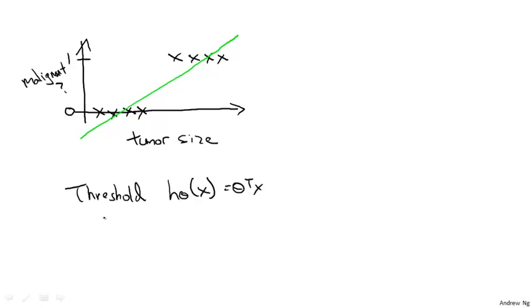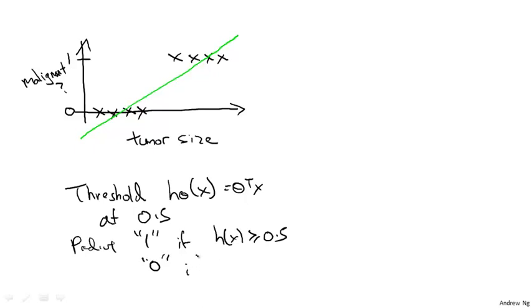You can threshold at 0.5: you predict 1 if h of x is greater than or equal to 0.5, and you predict 0 if h of x is less than 0.5. It turns out that in this example that I drew, it'll actually work okay. This is 0.5 on the vertical axis, and so at your threshold here, everything to the left you predict 0, everything to the right you predict 1. And that actually works pretty well.